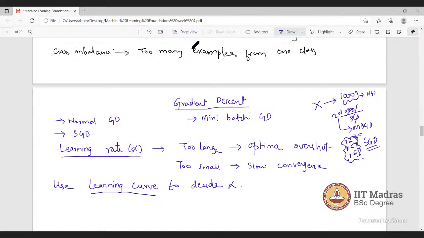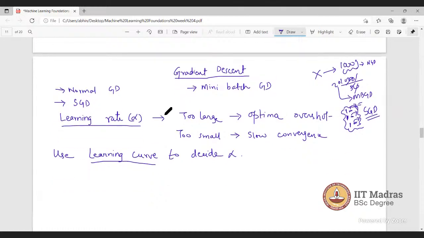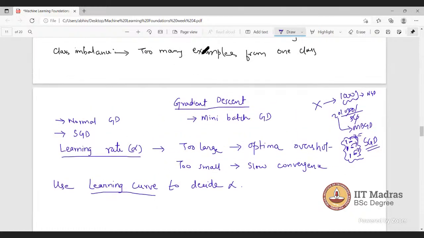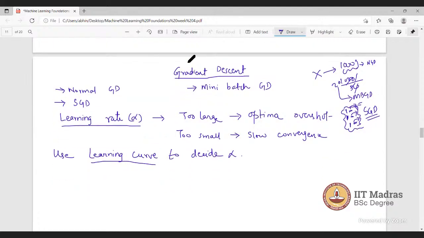When you do normal gradient descent, you update the same number of times and then move to the next iteration, so every time it keeps adding. If there are 10 data points, it will go to 100 times, and here you only have to do 10 times. And for mini batch, it depends on the batch size.